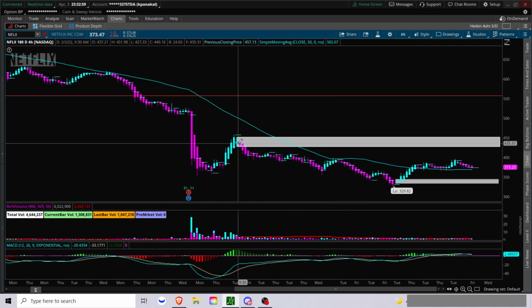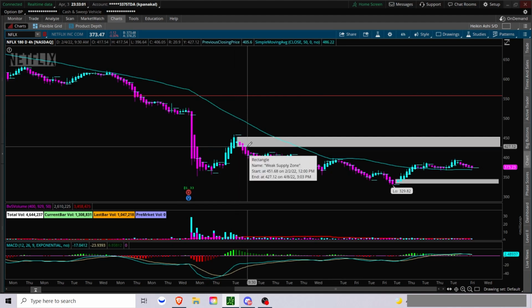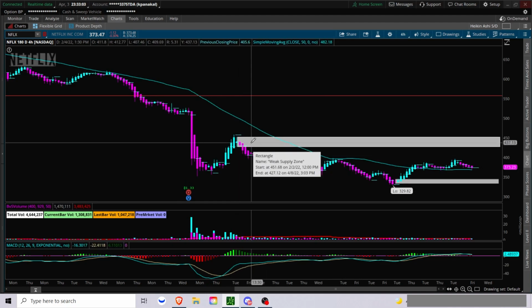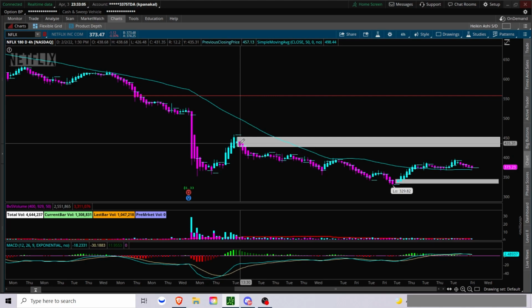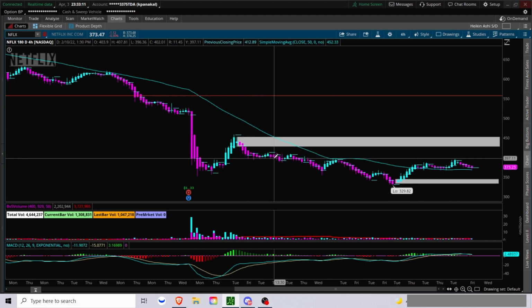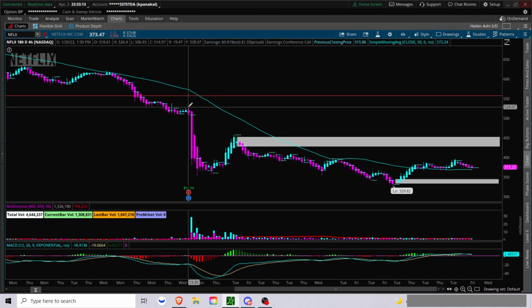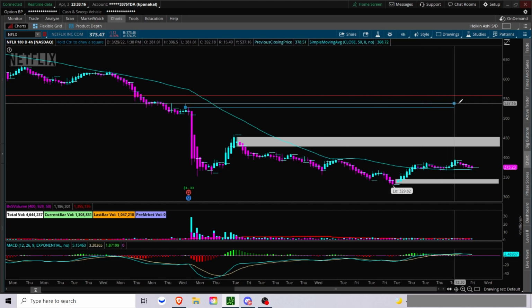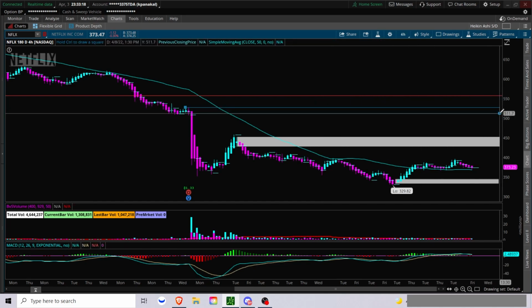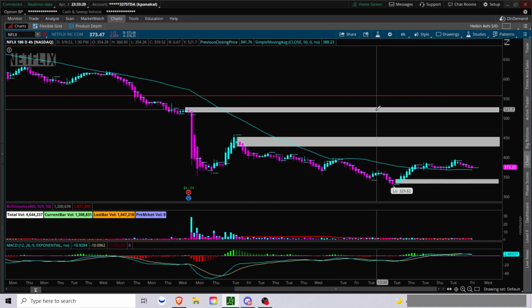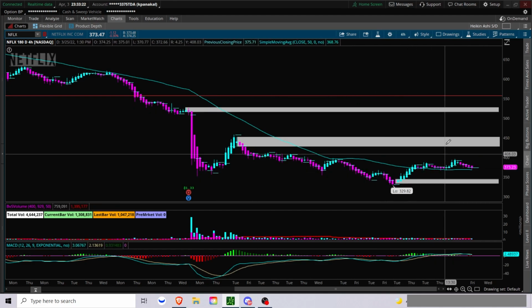The reason is that the movement after it was not really strong, and you could see the movement calmed down very quickly, compared to this supply zone right over here. Imagine how many unfilled orders are left over here. This is a stronger supply zone.